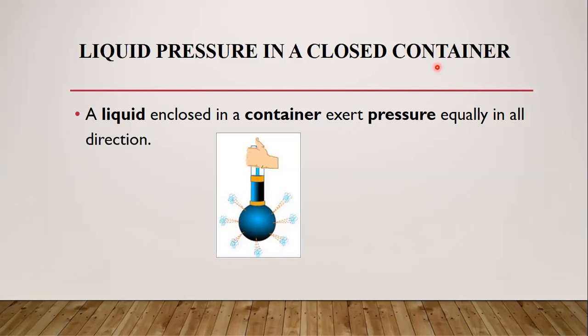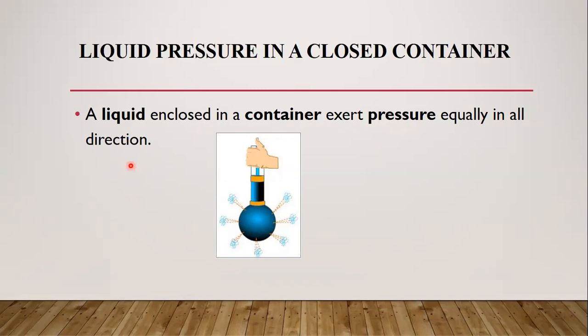Okay, so let's have a look from the initial points, and then we will proceed further and I will explain the topic in detail. The point is, a liquid enclosed in a container exerts pressure equally in all directions. Now, dear students, kindly recall your previous article, that is activity number 7.1, in which we are having a bottle and we make holes at 3 different heights.